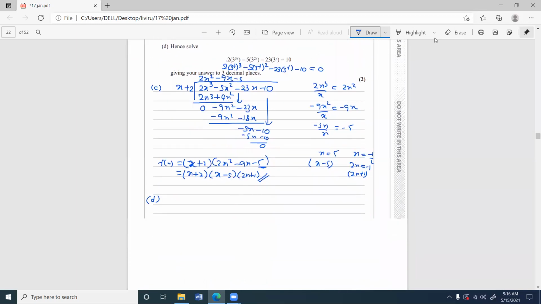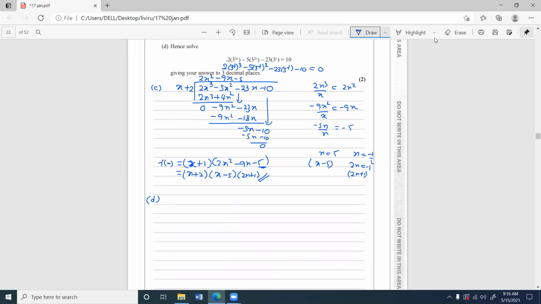That means the solutions for this equation would be the solutions for 3 to the power t. So you can write, instead of this, I will get this one. So if you simplify this, equals 0, so the solutions for x become minus 2, 5 and minus half.